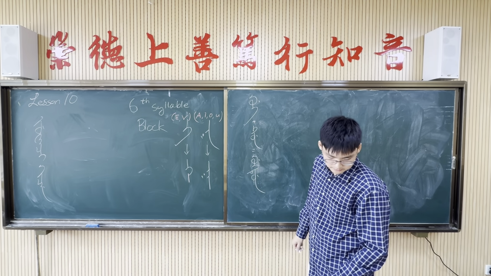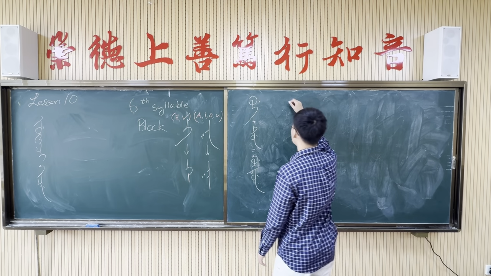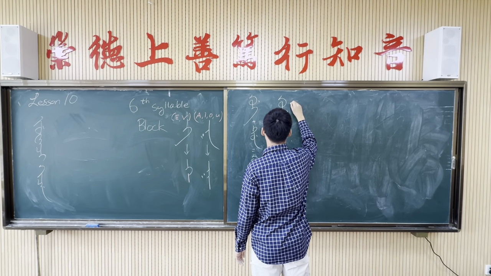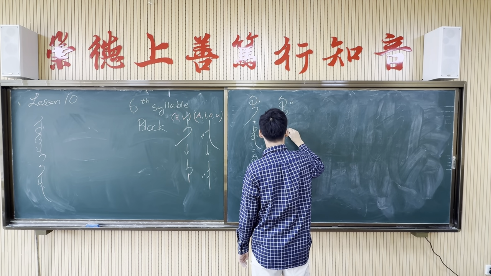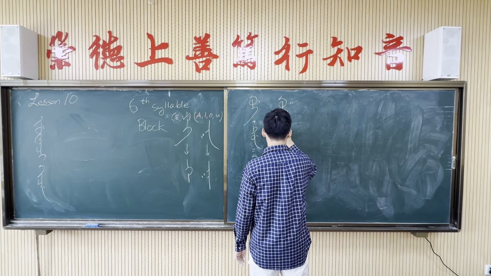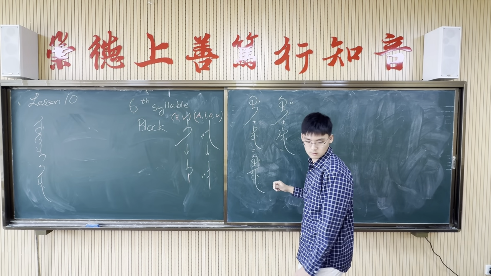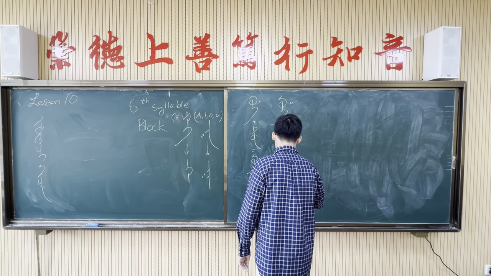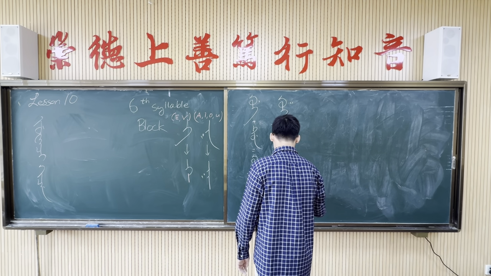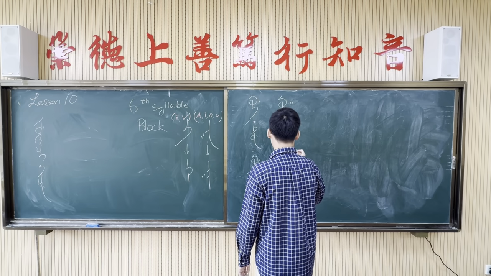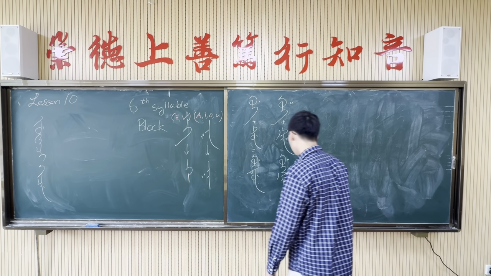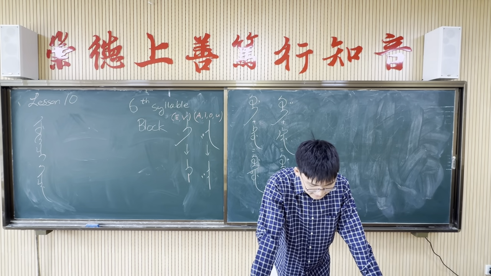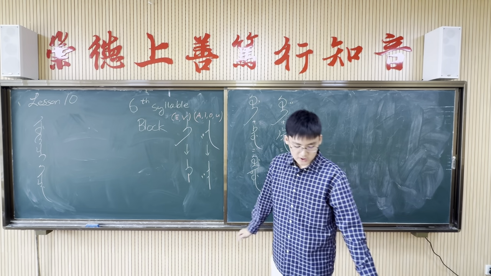Okay, next we have 혹신. So let's connect them. 혹신 means young eagle or young falcon.